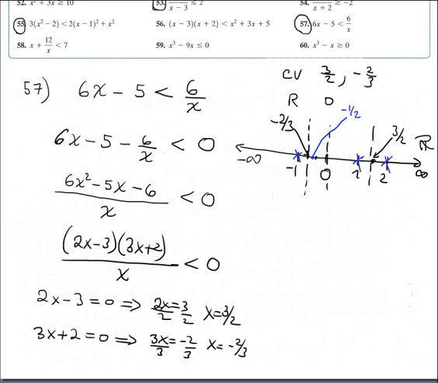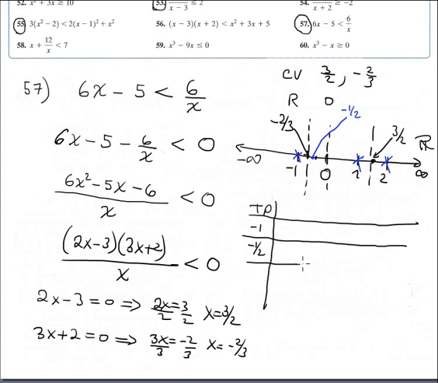Okay, now the chart. Let's learn the chart. Testing point. Is negative 1. Is negative 1/2. Is 1 and 2.